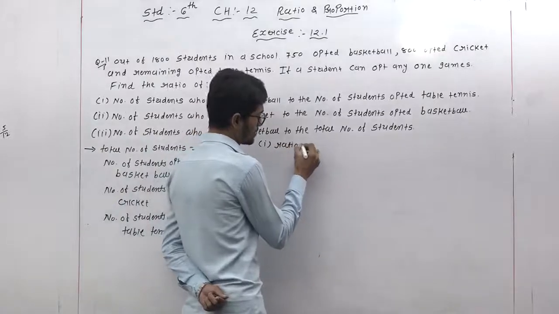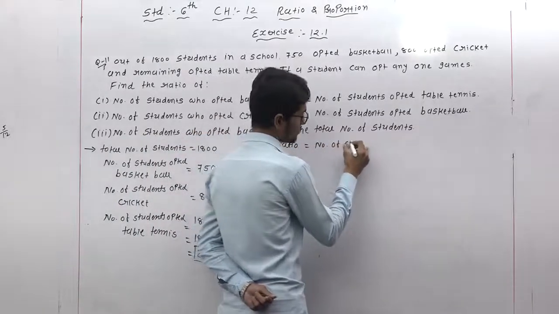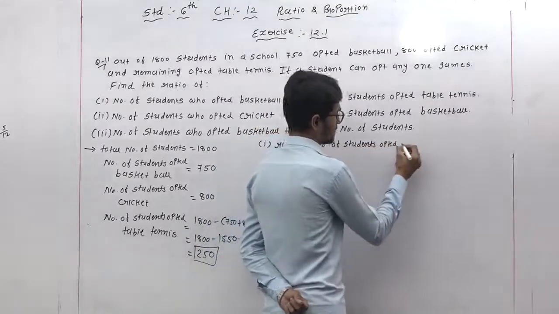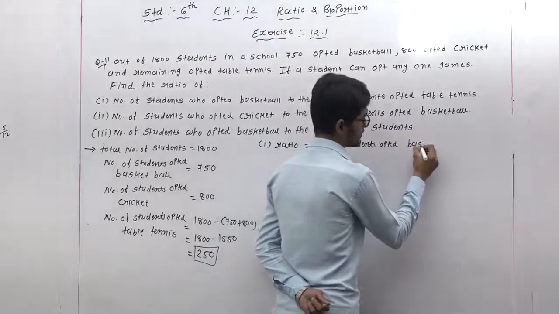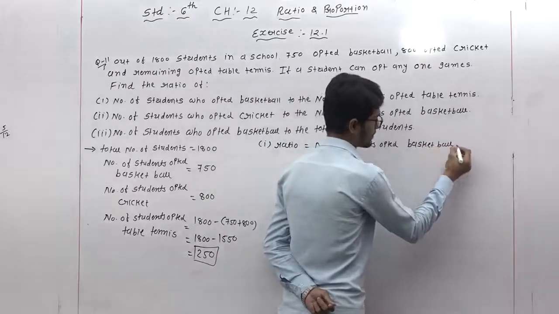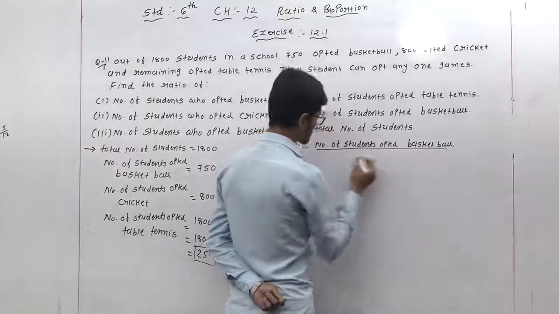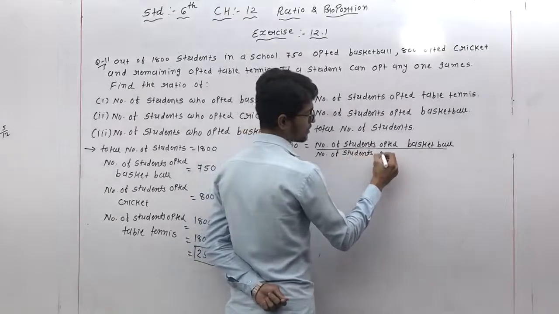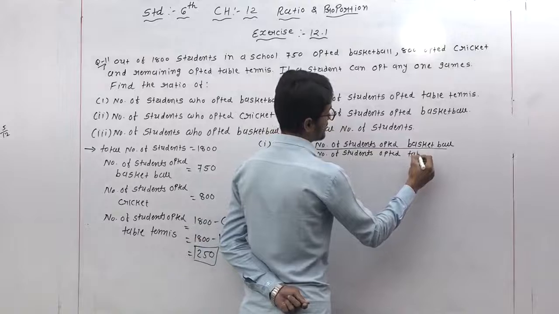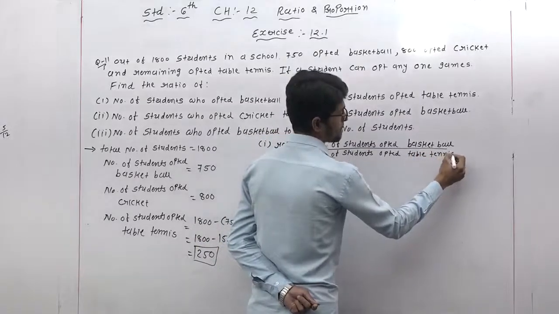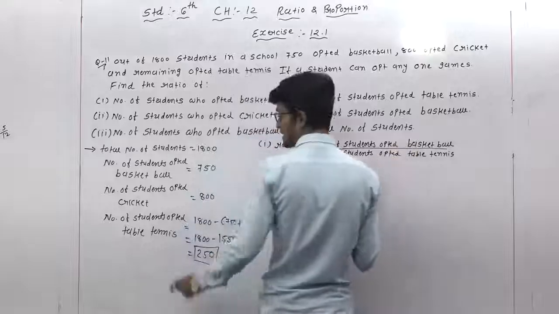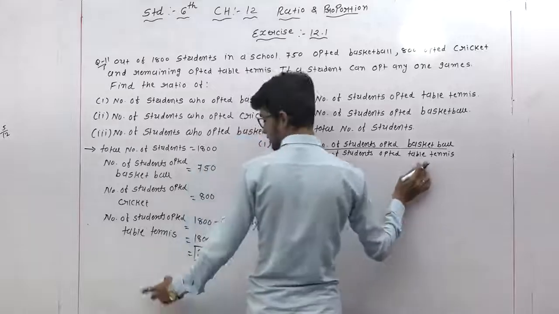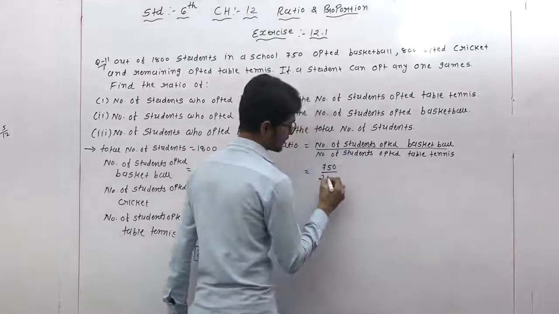Ratio is equal to number of students opted basketball divided by number of students opted table tennis, right? So how many students basketball? 750, so write down 750, and table tennis 250, so write down 250.